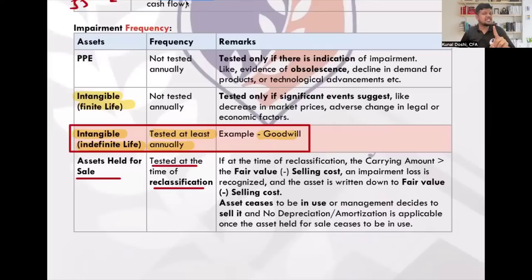That reclassification is necessary. While doing the reclassification, you need to do two things. First, test them for impairment, and second, no depreciation or amortization is henceforth applicable to assets that you're planning to sell. Understood? Two things. Test it for impairment when you're reclassifying, and stop depreciating or amortizing them. Is that clear?